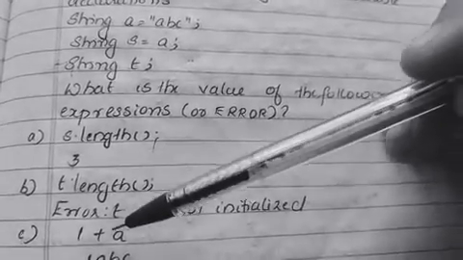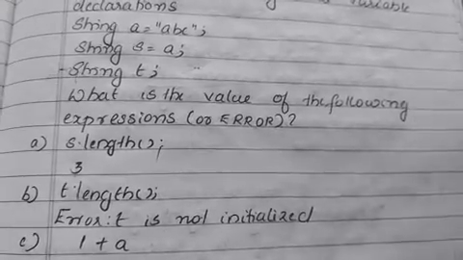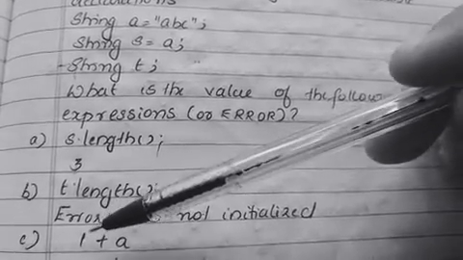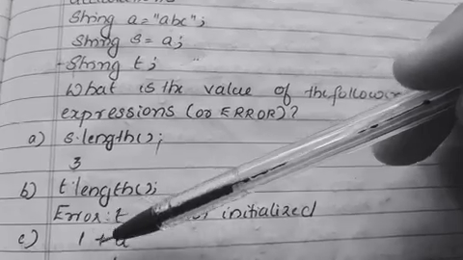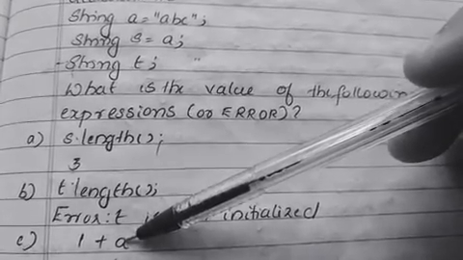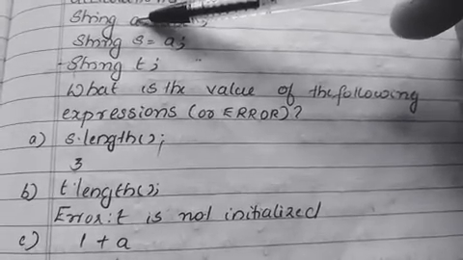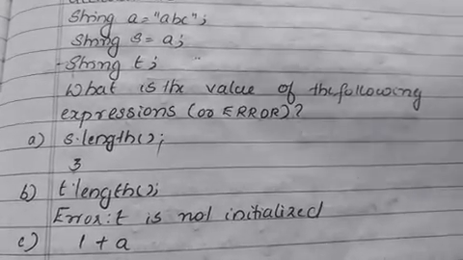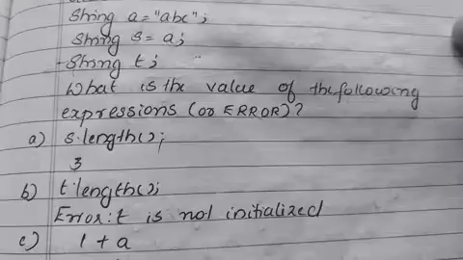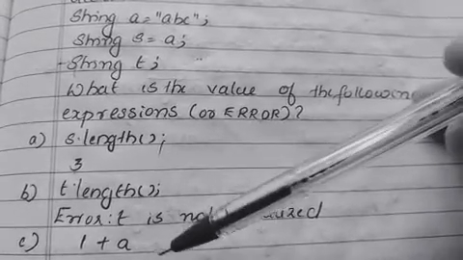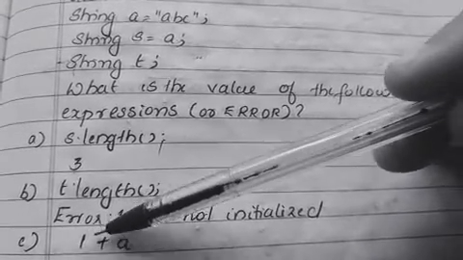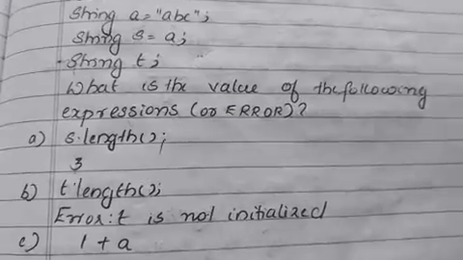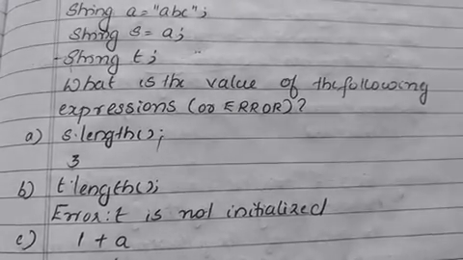Next one, 1 + A. Here 1 is an integer value plus A. The variable A is a string data type, and its value is ABC. So 1 plus ABC, that is the meaning. What happens when an integer and a string value are joined by using the plus operator?